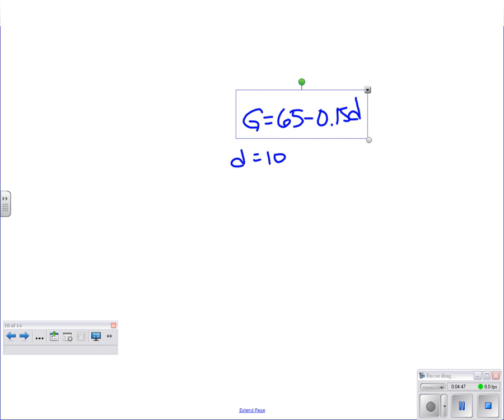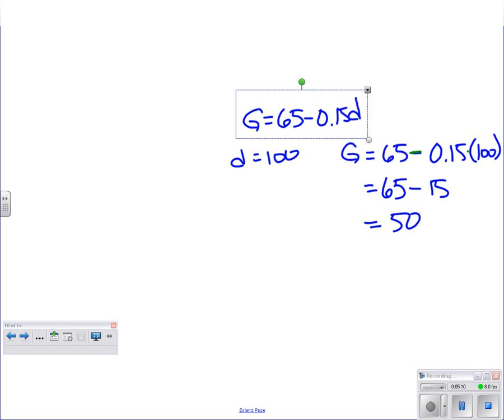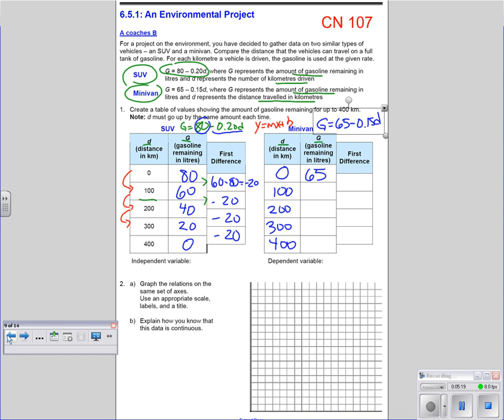So if distance is 100, then G will be 65 minus 0.15 times 100 this time. Again, I have the option of multiplication or subtraction. I will multiply first because of BEDMAS. So I'm going to subtract the value of 0.15 times 100. That's just 15. 65 minus 15, we're at 50. So when I have traveled 100 kilometers, I have 50 liters of gas left, and I'll fill that into my chart.